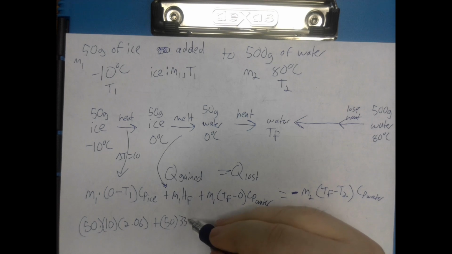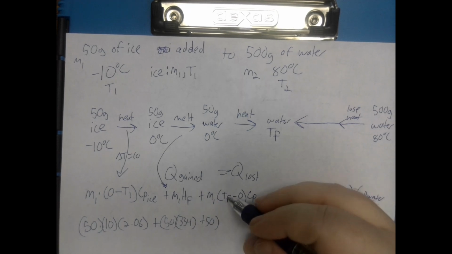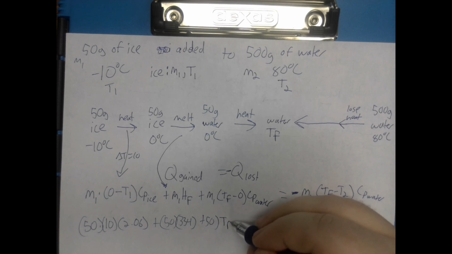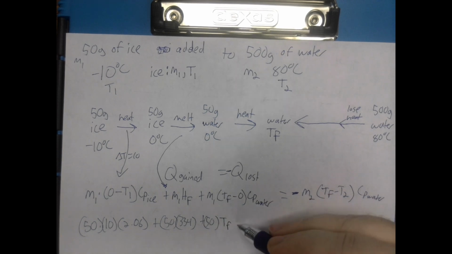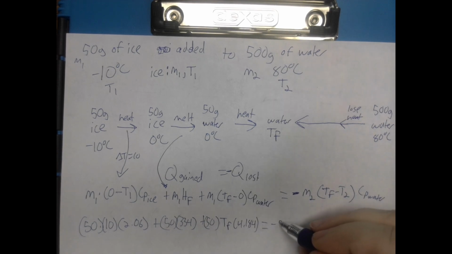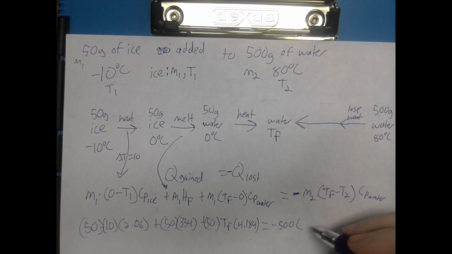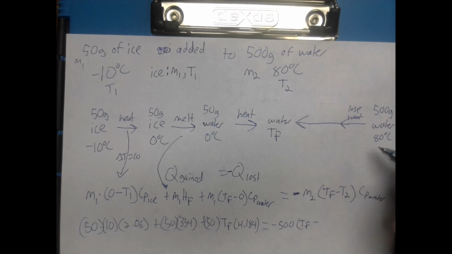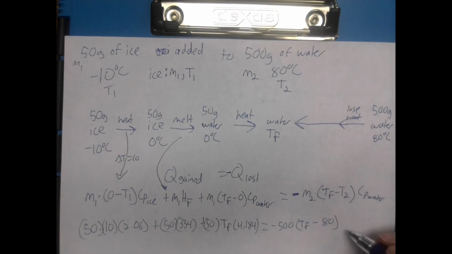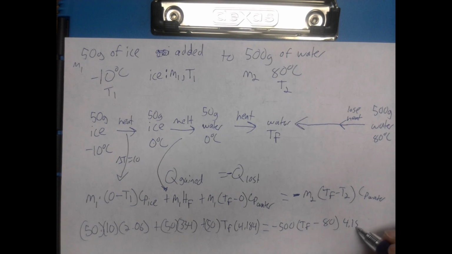Heat of fusion is 334. Mass is 50. Tf minus 0 is just Tf. Cp of water is 4.184. And that would equal negative 500 times Tf minus the initial temperature, which was 80, times Cp of water, 4.184.